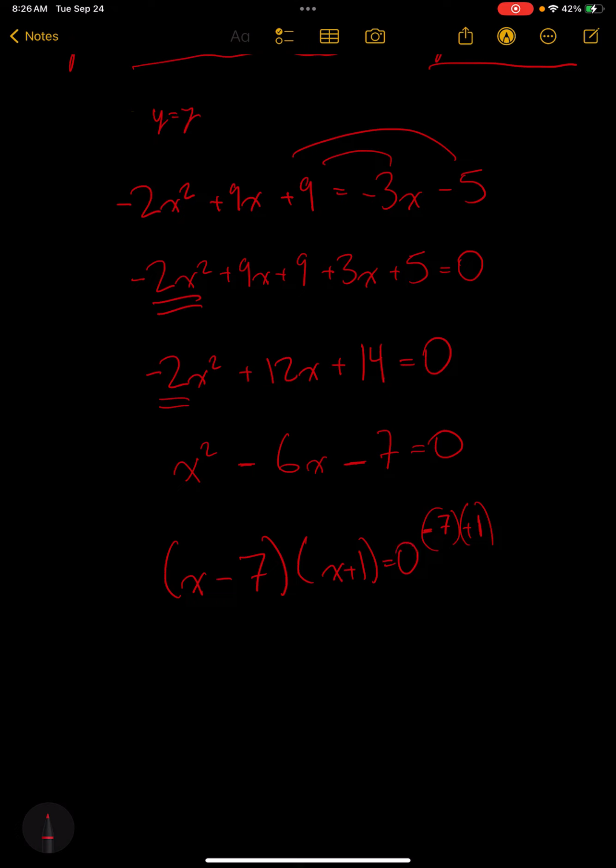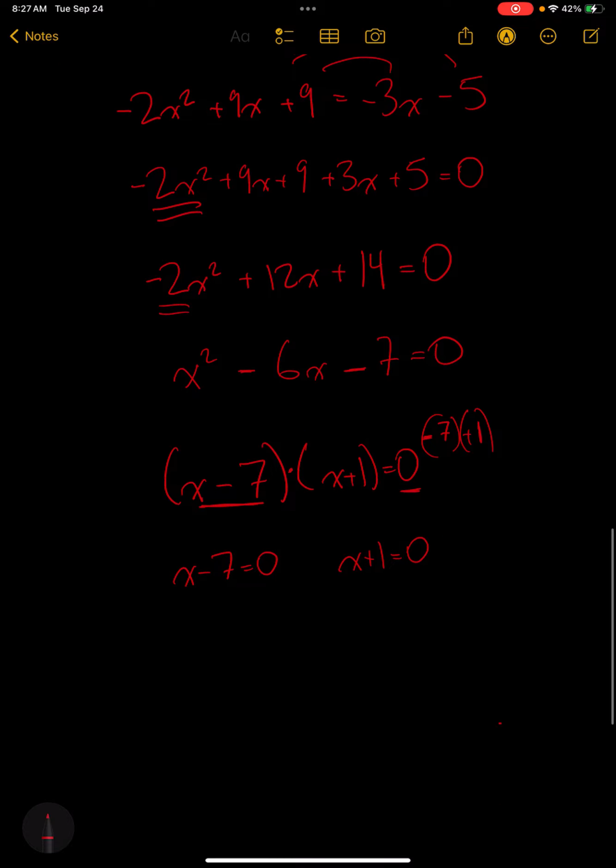So it was factorable. What does that mean? That means for this whole term to be equal to 0, either x minus 7 must equal 0 or x plus 1 is equal to 0. So x equals 7, or x equals minus 1.